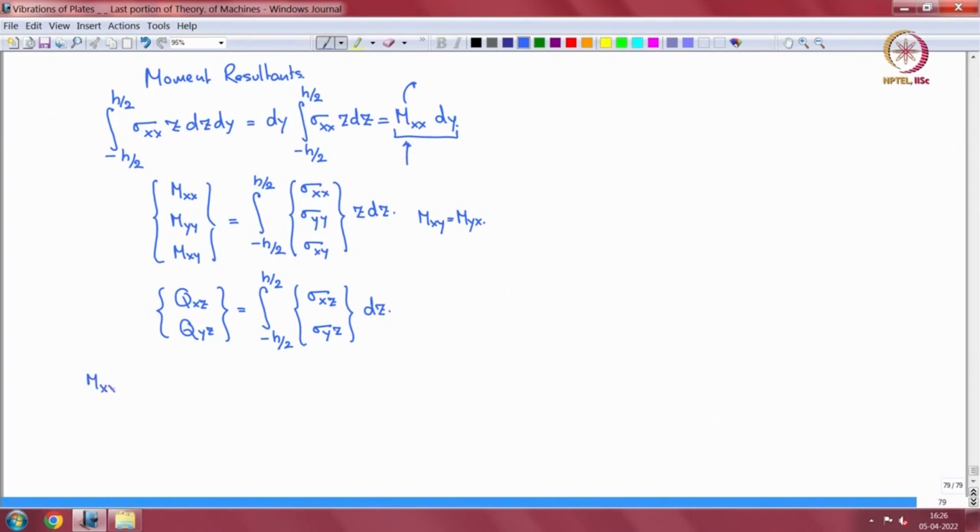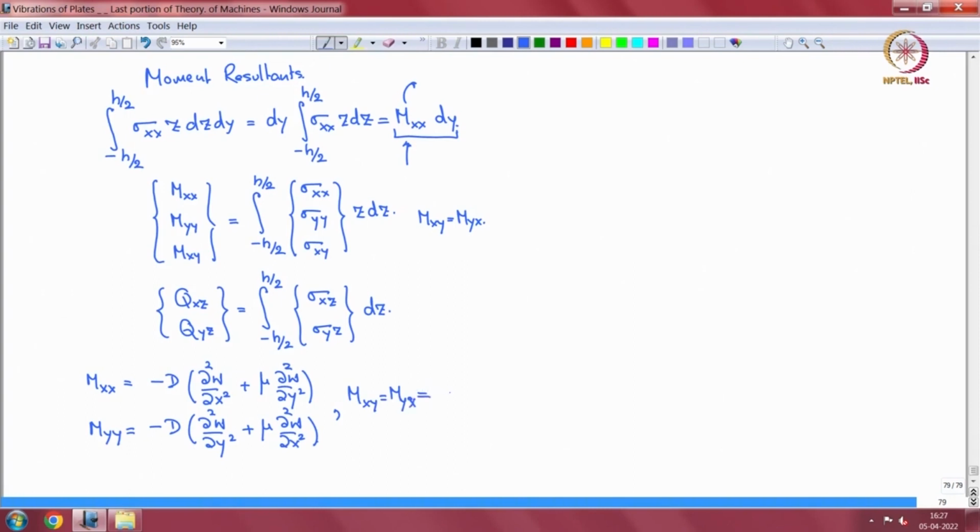We get mxx is equal to minus D, del 2 w by del x square plus mu del 2 w by del y square. myy is equal to minus D, del 2 w by del y square plus mu del 2 w by del x square, and lastly mxy is equal to myx is equal to minus D into 1 minus mu, del 2 w by del x del y.